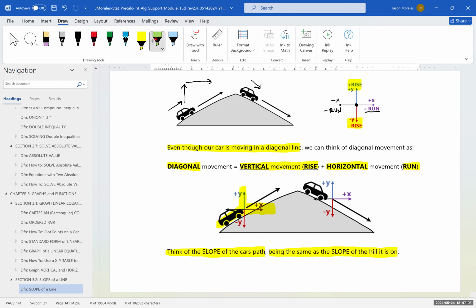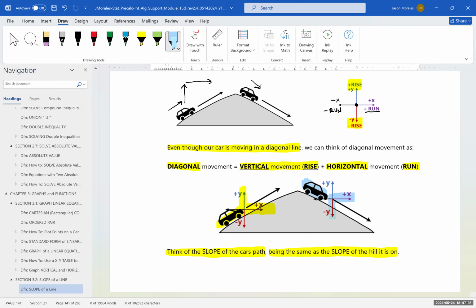Now, the car on the other side of the hill is going down and to the right. So it's moving to the right, which is positive values of x, positive values of the run. But now it's descending, it's going down, so that's negative values of y, or a negative rise.